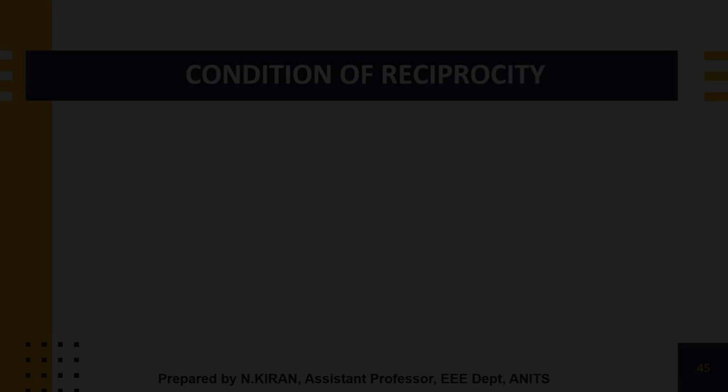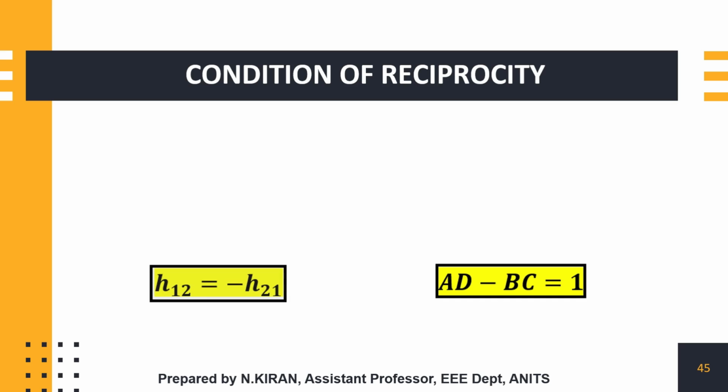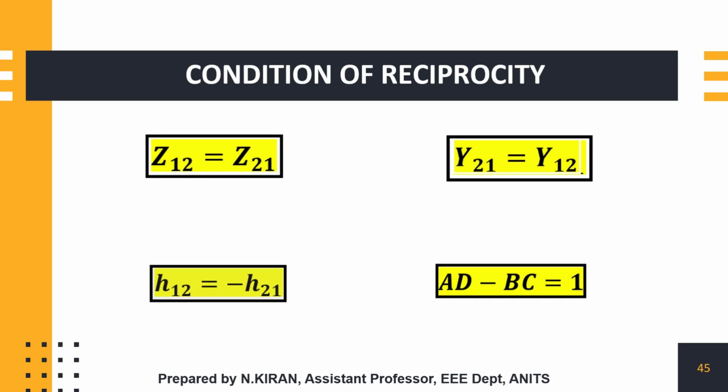Hence, the condition of reciprocity obtained in case of ABCD parameters is AD minus BC is equal to 1. In case of H parameters it is H12 is equal to minus H21. In Y parameters it is Y21 is equal to Y12, and in Z parameters it is Z12 is equal to Z21.